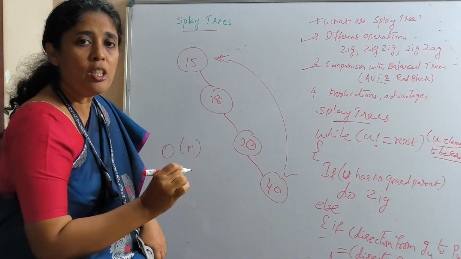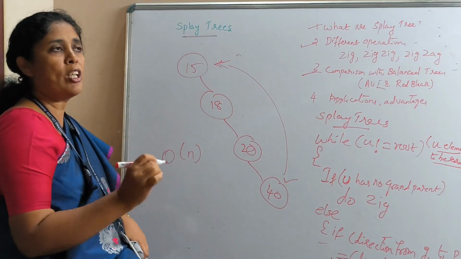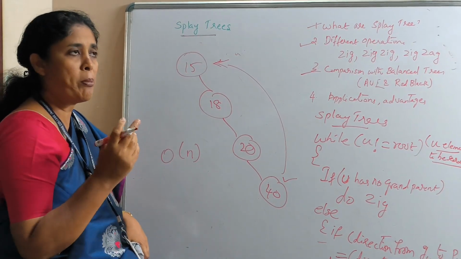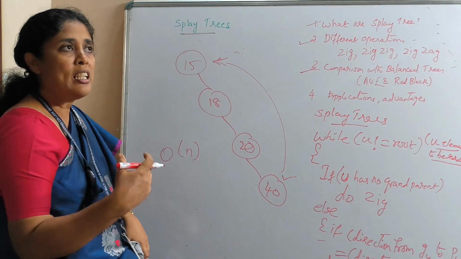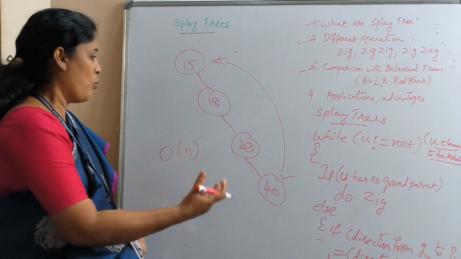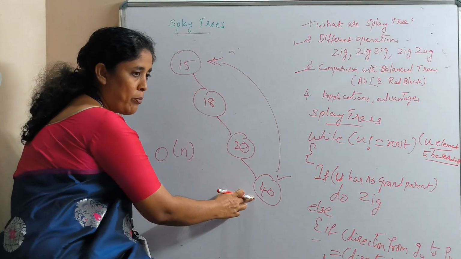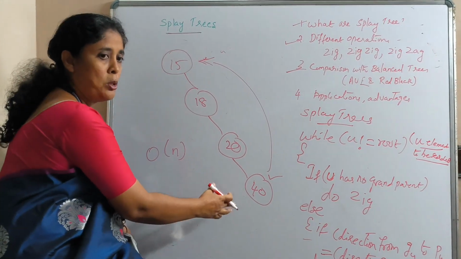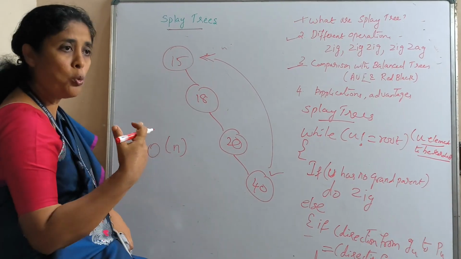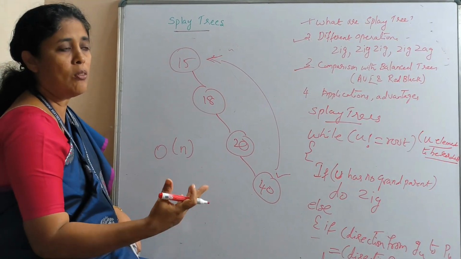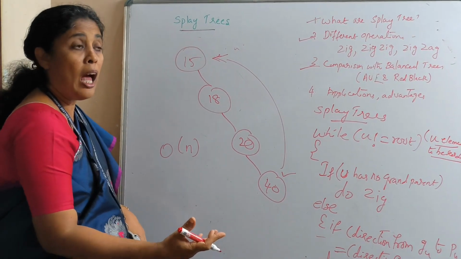So the SPLAY trees are mainly useful when a particular data or a particular element is accessed frequently. Once you search 40 and the search is done, you splay it and bring it to the root position. Then again you want to use the same data, 40, and you search again.